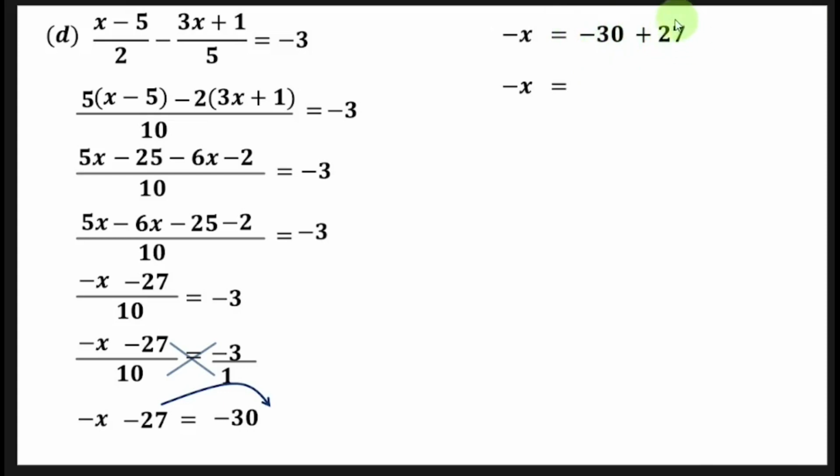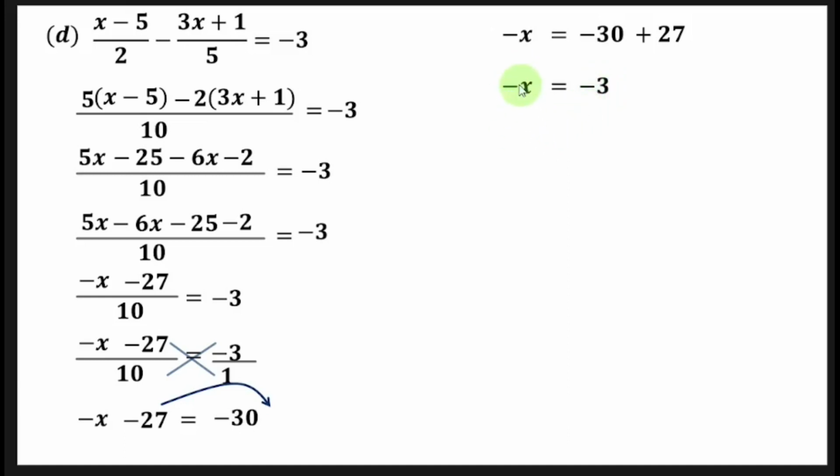This one negative, this one positive. So since you have different signs, it is as good as saying the bigger one with a minus must subtract the smaller one with a plus. So you say 30 minus 27, which will be 3. And 30, since it has got a minus, then that 3 should have minus. So you have minus 3.